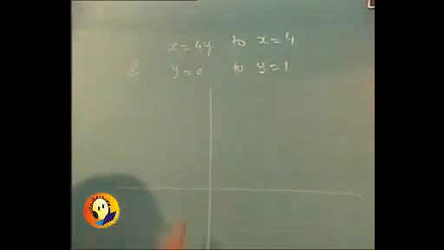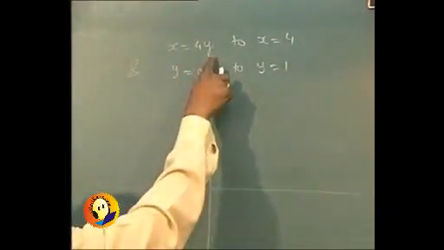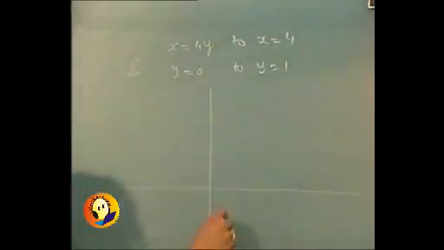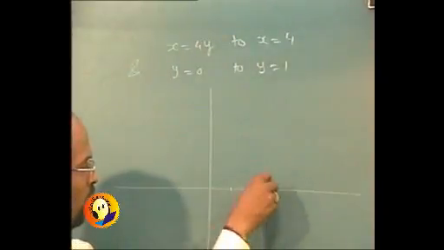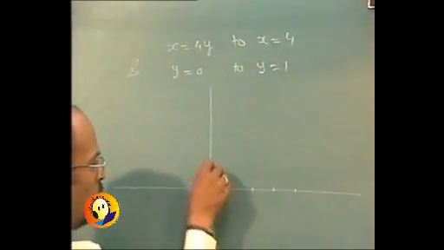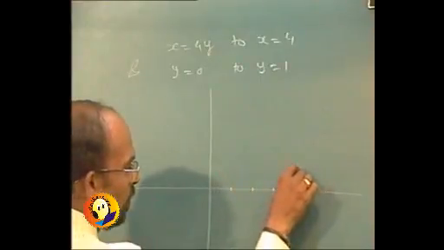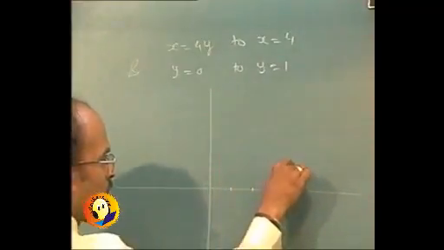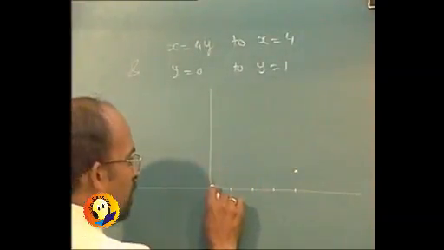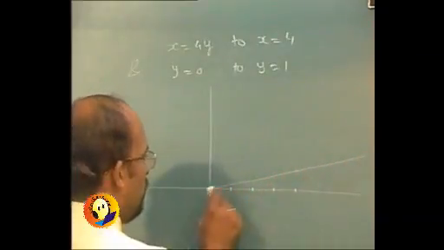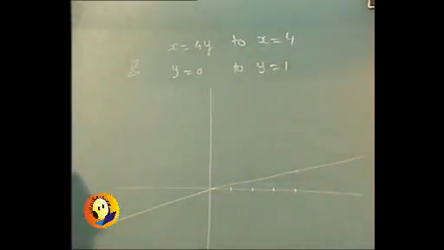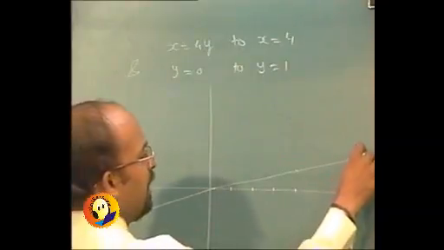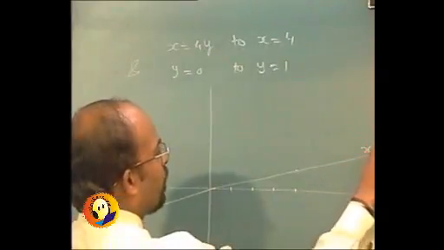X equal to 4y will be the line where when I substitute y equal to 1, x will come out to be 4. So I will have to locate that particular point 4, 1, which is over here, and the straight line passes through origin because it is in the form y equal to mx. So this is a straight line x equal to 4y.